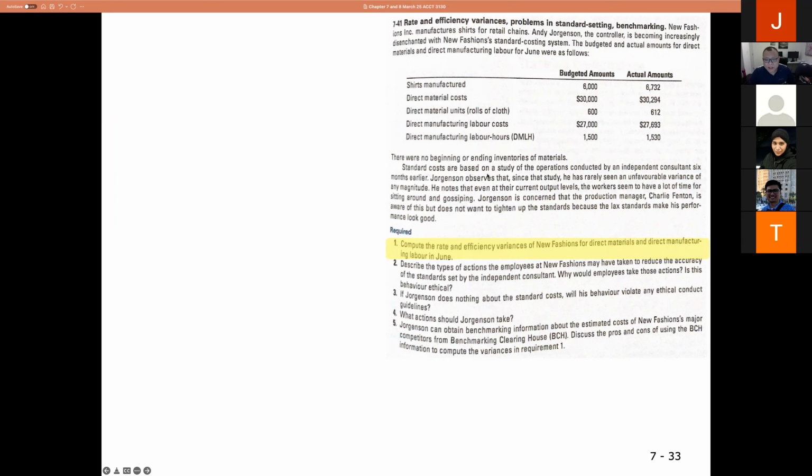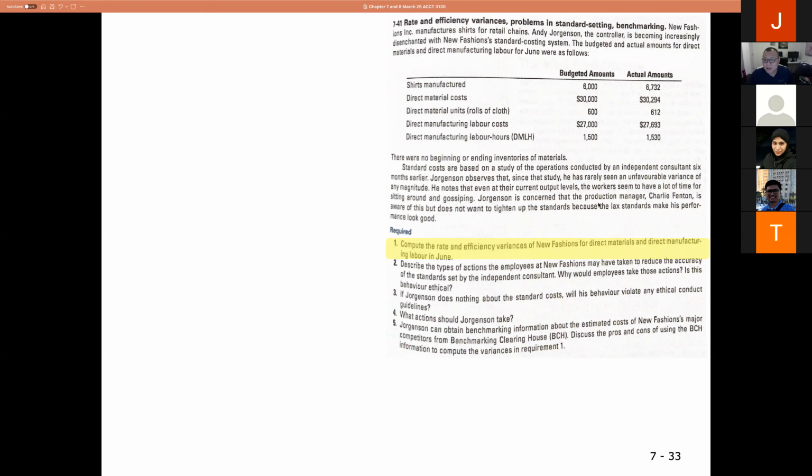There were no beginning or ending inventories of materials. Standard costs are based on a study of operations conducted by an independent consultant 6 months earlier. The controller observes that since that study, he has rarely seen an unfavorable variance of any magnitude. He notes that even at current output levels, the workers seem to have lots of time for sitting around and gossiping.